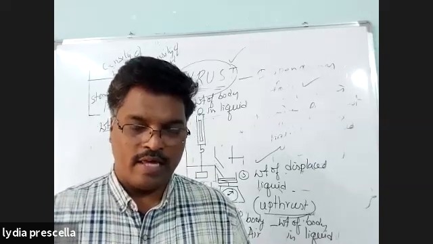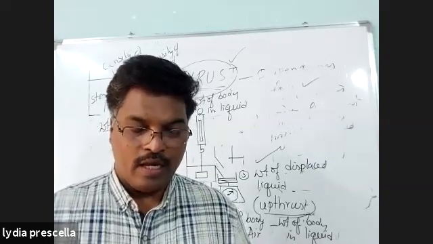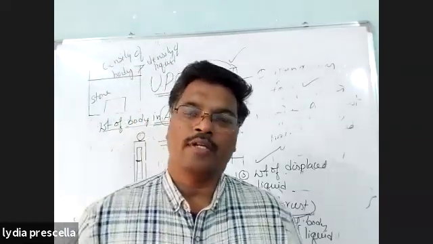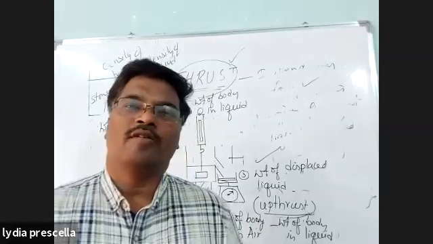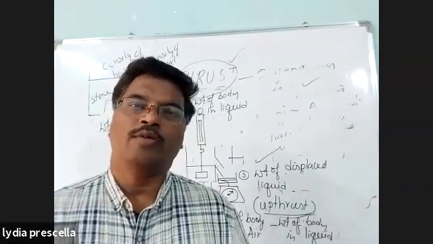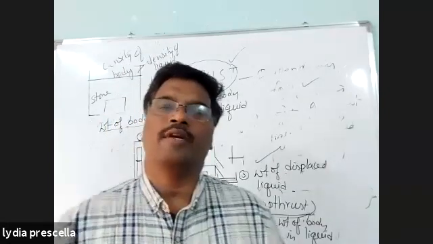All these examples I told, and I told how to prove upthrust is equal to weight of liquid displaced. That is one proof I told, and how to calculate upthrust in Archimedes principle.